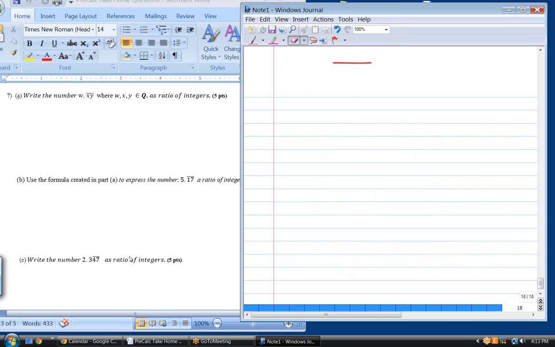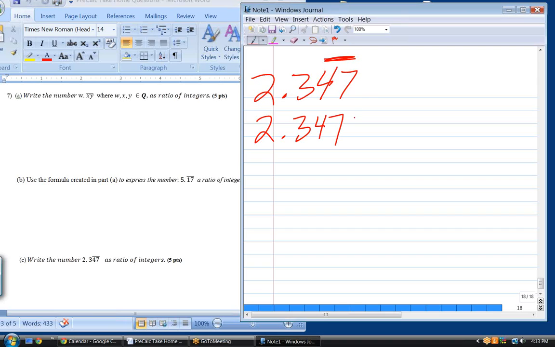Okay. Now let's look at C. 2.347, where only that has the line. So let's write out the first few digits of this. What comes next? So we would do 2.3 plus. Well, what's next is repeating 4 sevens.